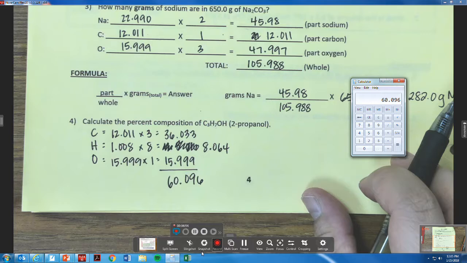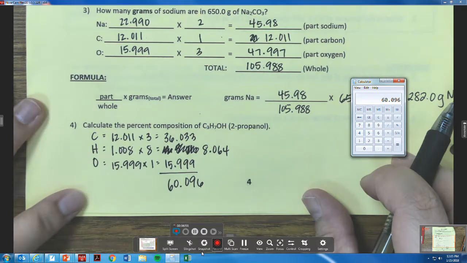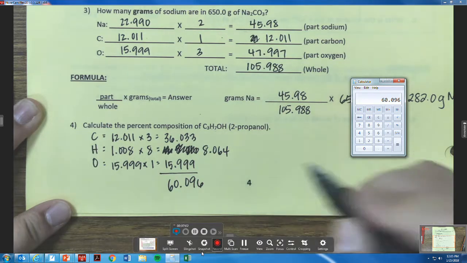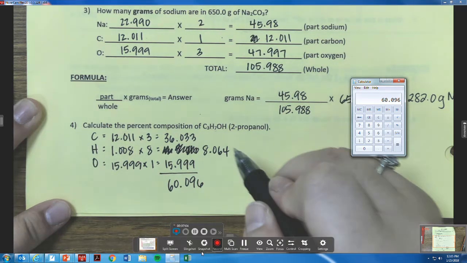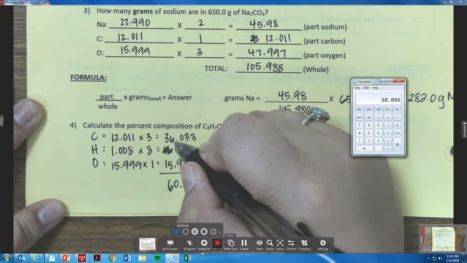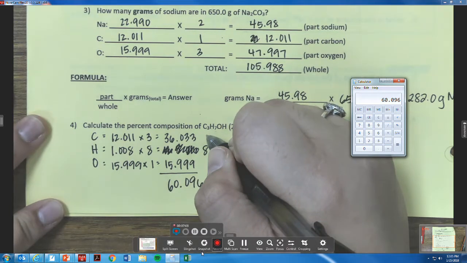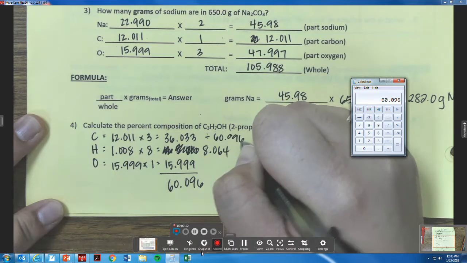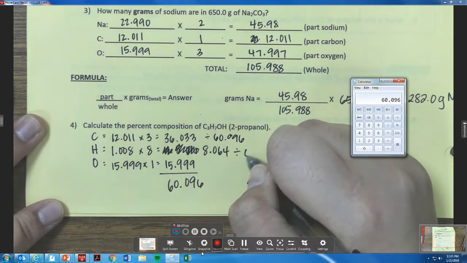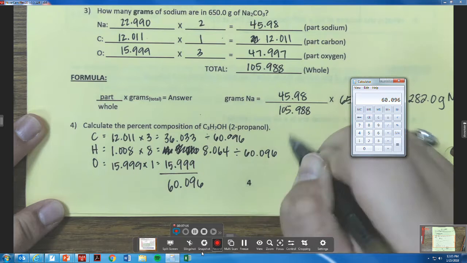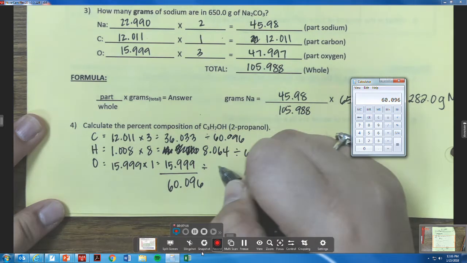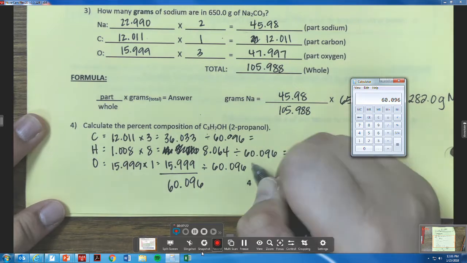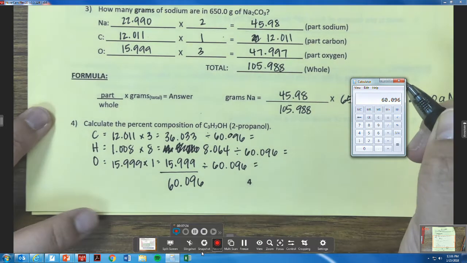Remember that our formula is part divided by whole times 100, since we're doing percent composition. So 36.033 divided by 60.096. You're going to do this for each and every one.